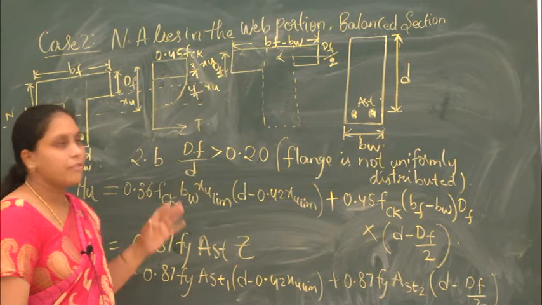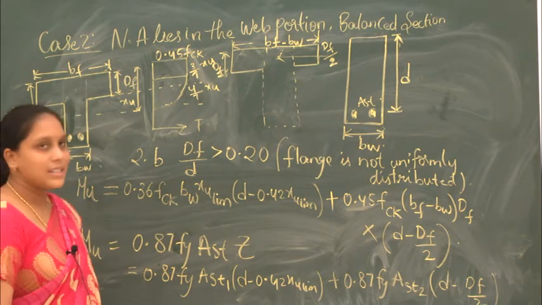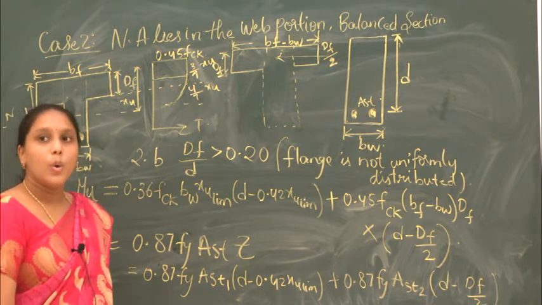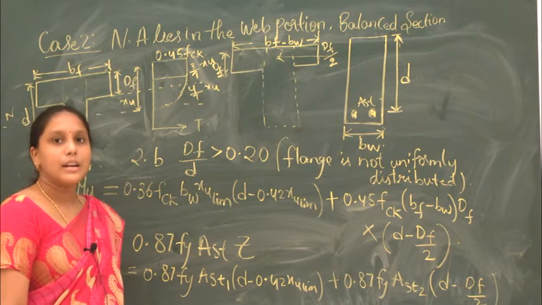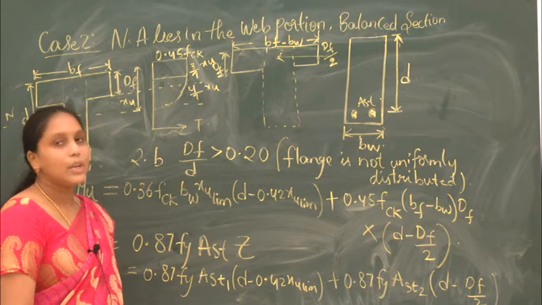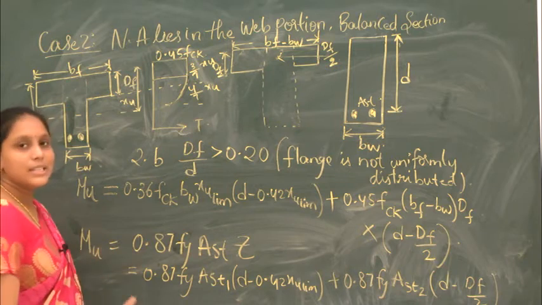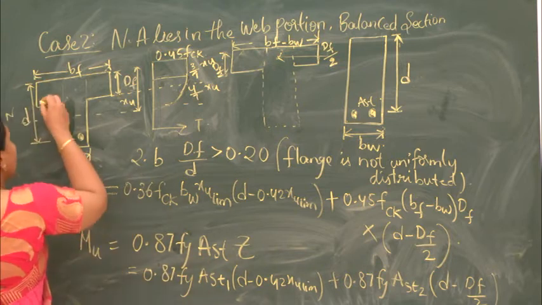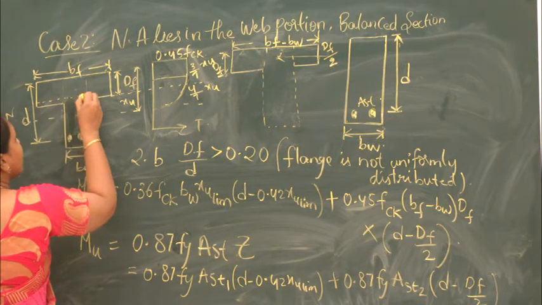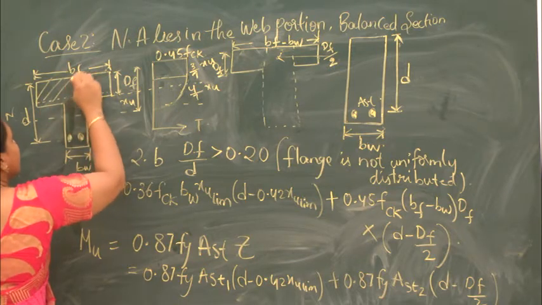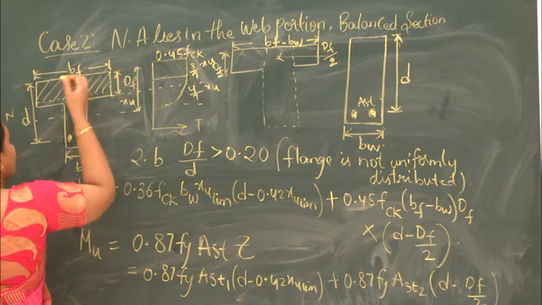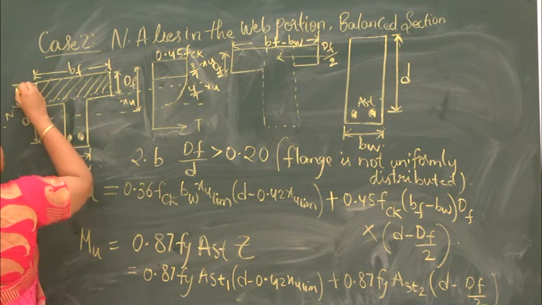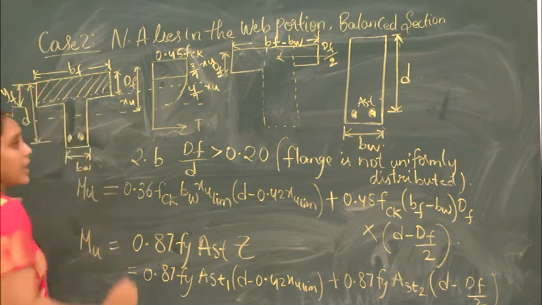For such a case, what they have done is they have considered an equivalent depth as Yf, where the stresses are considered nearly uniform. Let that particular part be this, and this distance is considered as Yf.